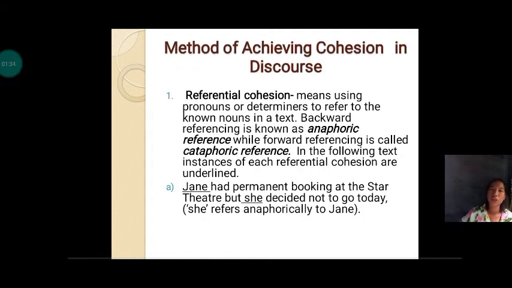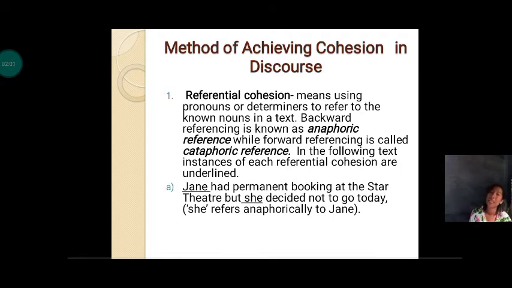Next, let's proceed to the methods of achieving cohesion in discourse. Number 1 is referential cohesion, which means using pronouns or determiners to refer to known nouns in a text. Backward referencing is known as anaphoric reference, while forward referencing is called cataphoric reference.